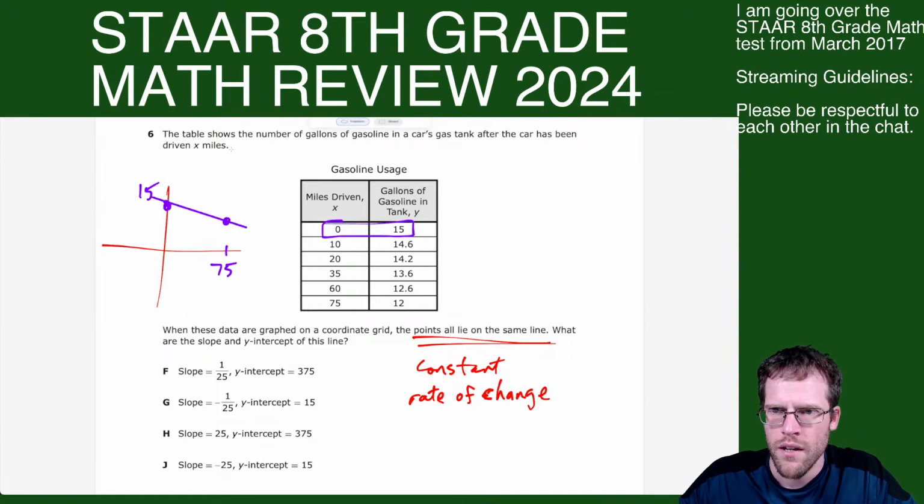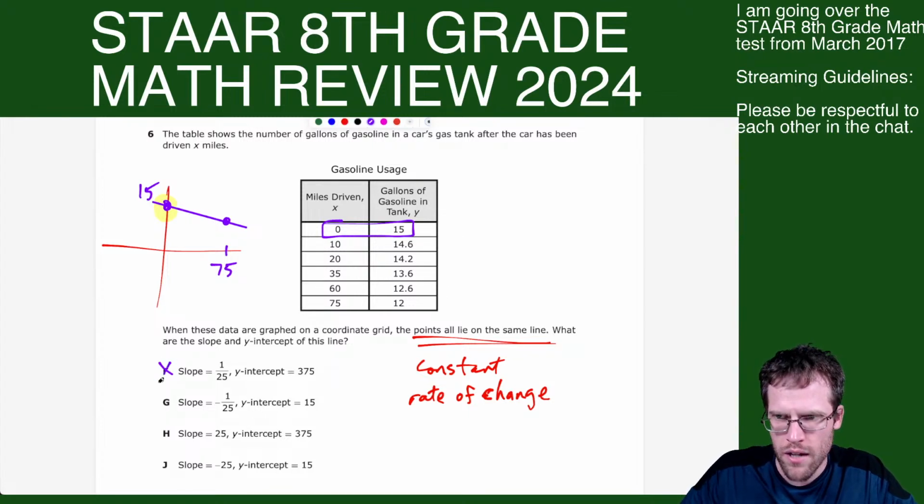So the y-intercept is where the line crosses the y-axis, which happens at 15. So just that alone is going to eliminate these 2 choices. These choices here are out.